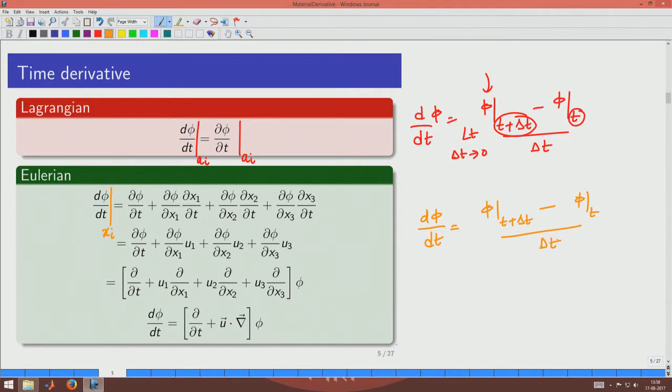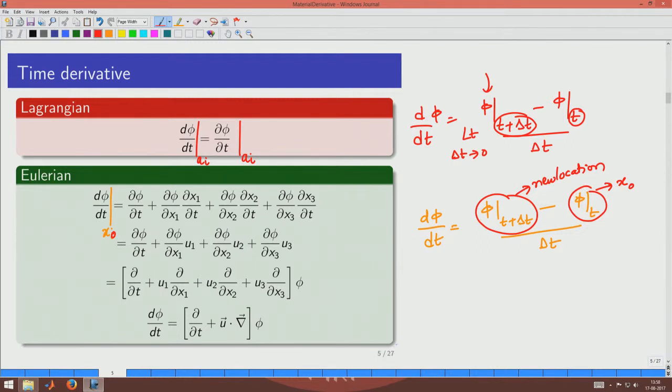Now, you see that here at t plus delta t, it has gone to another location, okay, compared to this. So, if you are specifying at x naught, for example, then this is available, but this quantity is at a new location, because in the time t plus delta t, the particle would have moved to a new location if the velocities are non-zero.